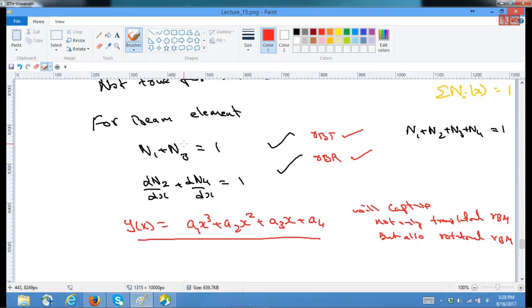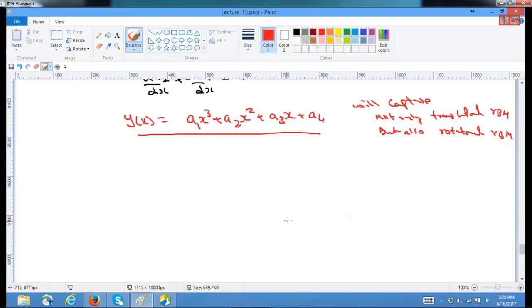So our polynomial should be chosen from the lower order to the higher order. The basis here is x cube, x square, x, 1, and our coefficients are a1, a2, a3, and a4.